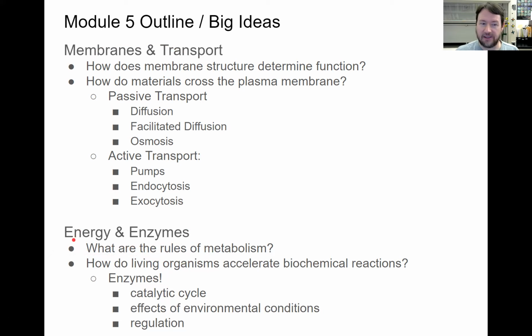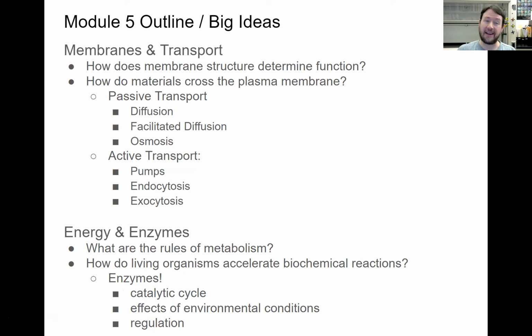And there we're just going to cover the rules of metabolism and how living organisms accelerate their biochemical reactions. And the short answer there is enzymes, but then we'll talk about some of the aspects, how enzymes work, and how environmental conditions affect it, and how enzyme activity is regulated very carefully, because cells really need to have the right materials, and they need to have the enzymes working on those materials in a very delicate balance in order to stay alive.